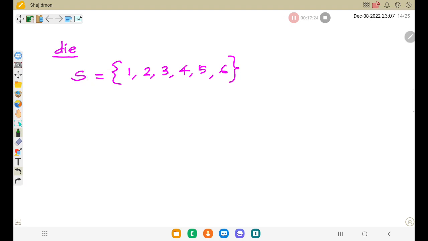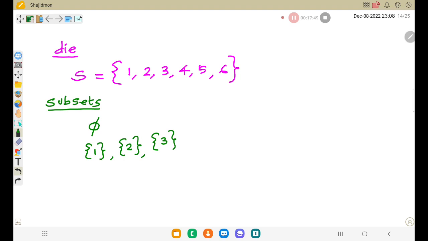Now in module number 3 we discussed how to write the subsets of a set, correct? What are the subsets of this set? First, the empty set, the null set, is a subset of every set, correct? Now what are the other subsets? Singleton sets: {1} is a subset, {2} is a subset, {3} is a subset, {4}, {5} and {6}.